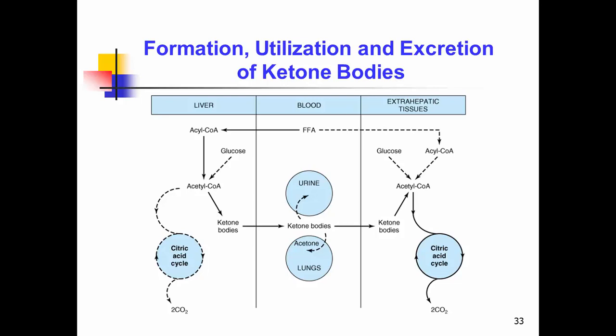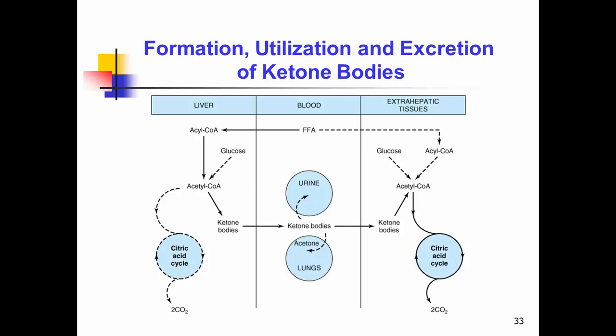But in the liver, fatty acids are broken down to acetyl-CoA, and the majority of acetyl-CoA will not enter the TCA cycle for complete oxidation, but rather goes to ketogenesis. Remember this. We also talked about the ketone bodies being synthesized from acetyl-CoA in the liver. So the liver is the major site for ketogenesis.